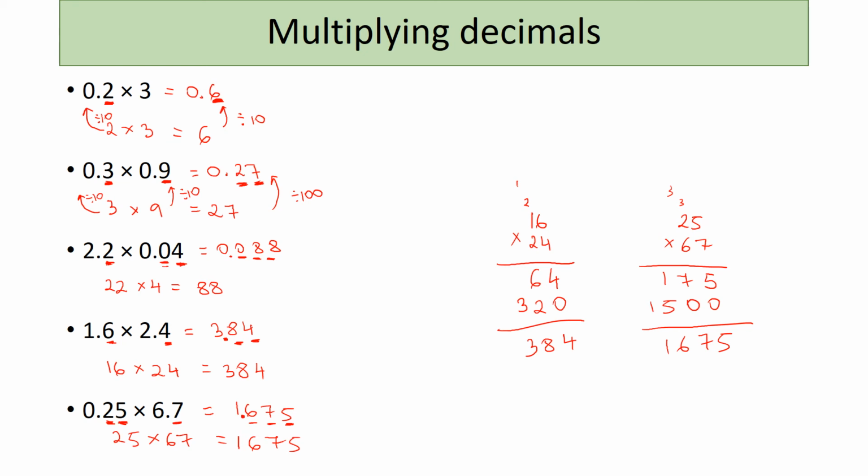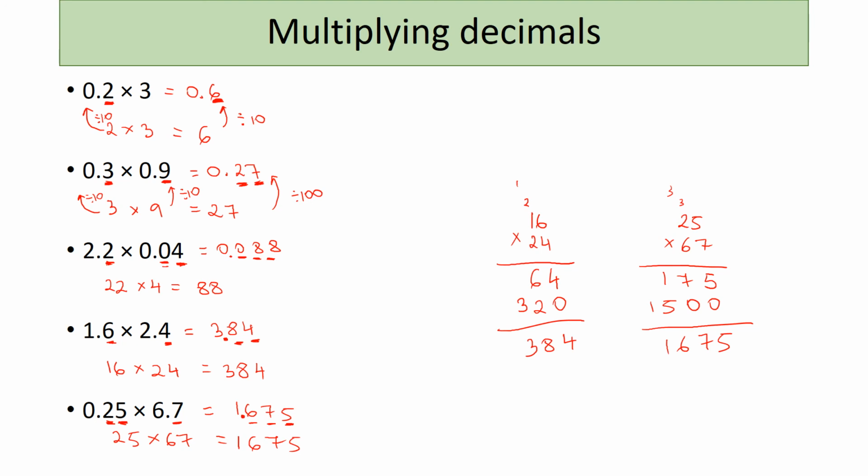Now you could also use estimation and rounding to estimate what your answer needs to be, whether it needs to be over 1 or over 16 or over 167. So you can use estimation to decide where your decimal point needs to go.